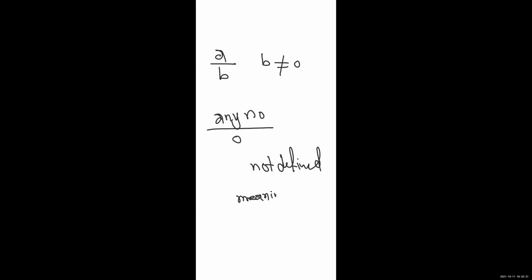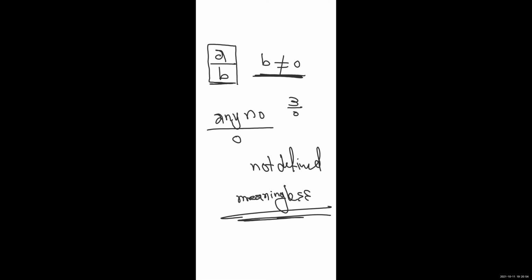It has no meaning. So if you try to write down, for example, 3 over 0 on the calculator, it will show you math error. So that's why we said the rational number we can express in the form of A over B, but B will never equal 0.